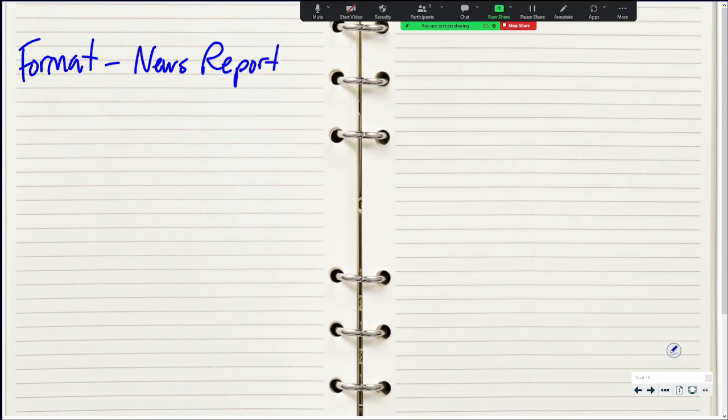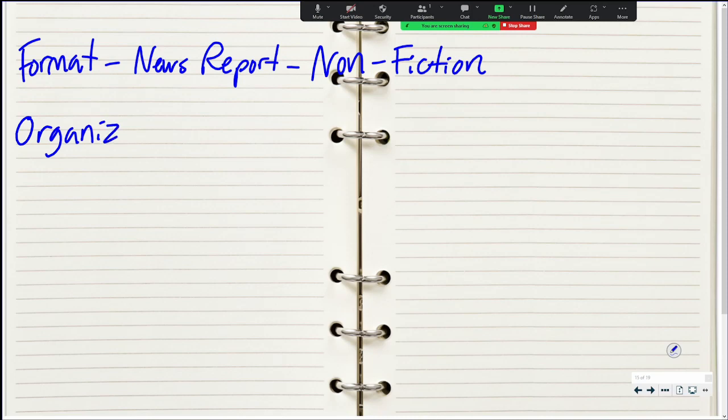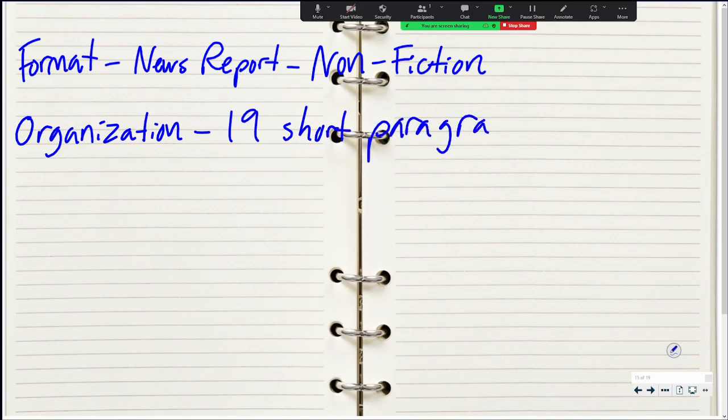It's a news report, which means that it's non-fiction. And I would say its organization: it was 19 short paragraphs. There were 3 photographs, right?